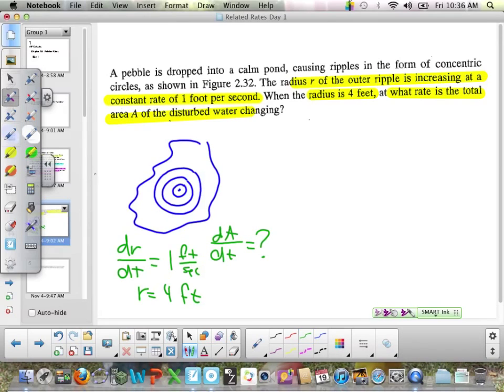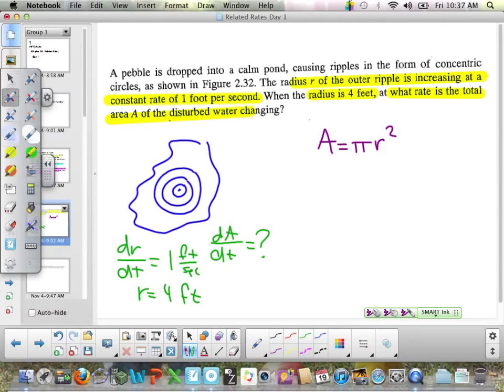All right? So now what we want to do is write an equation. If we look at the information, we have circles, we have area, we have radius. What equation relates area and radius of circles? Area equals pi r squared. So now we have our equation, our picture, our unknown information, and our known information.